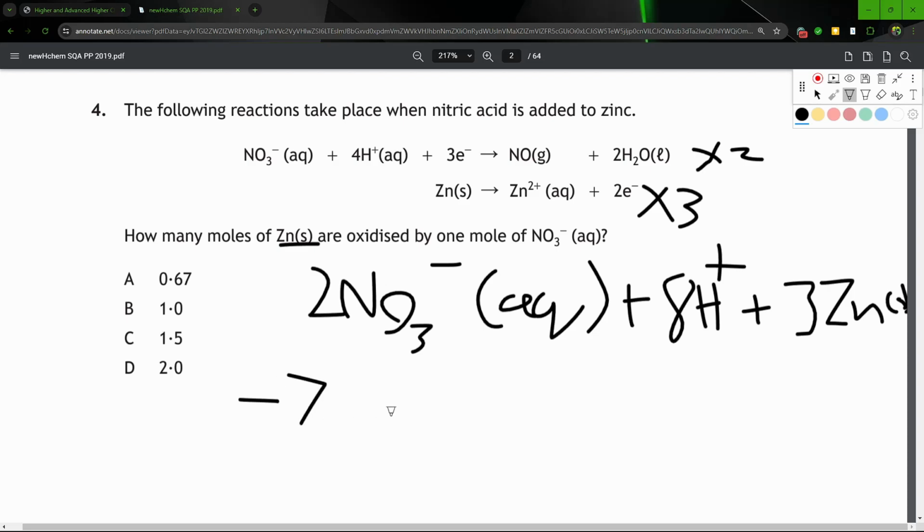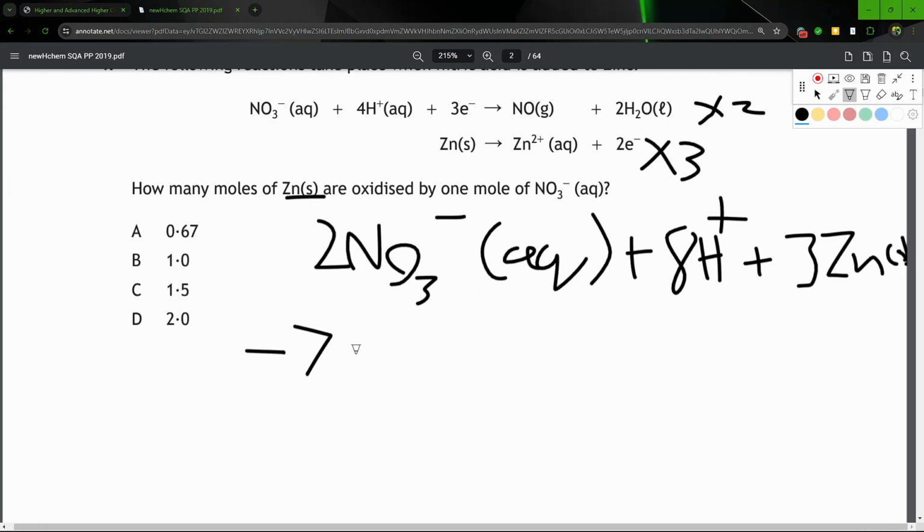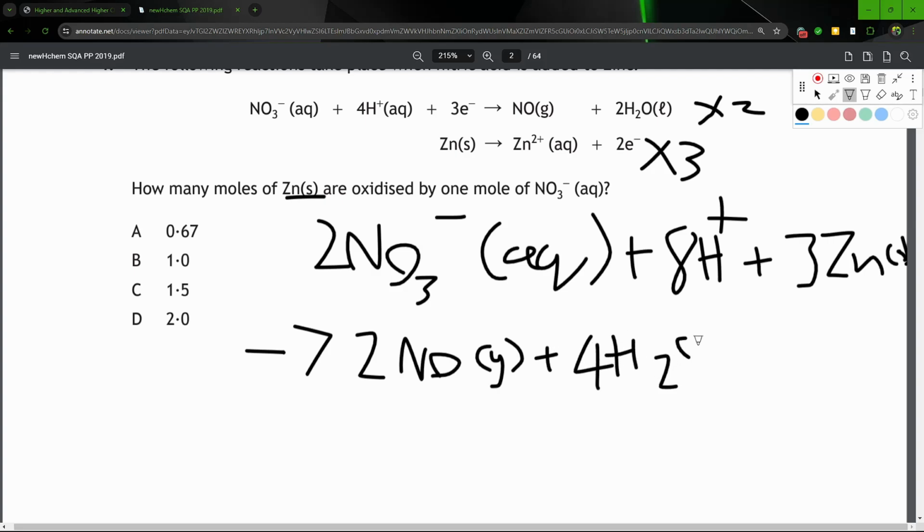What does that get us? Well, that gets us nitrous oxide plus 4 water, and then plus 3 zinc 2 plus ions.